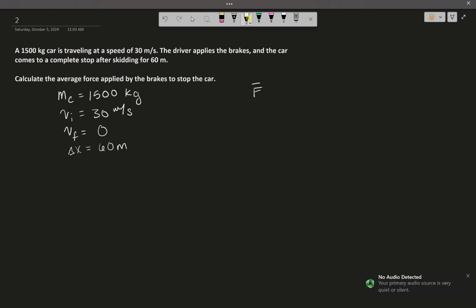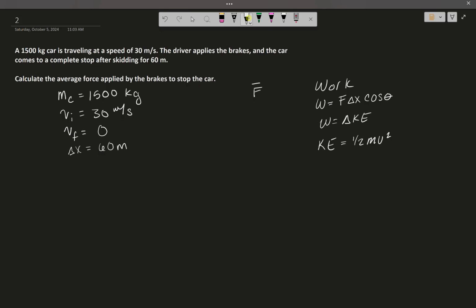So we're going to use work and kinetic energy to solve this problem. The first thing that we're going to think about is work is equal to force times some change in position, cosine of theta. We also know that work is equal to our change in kinetic energy, and that kinetic energy is 1/2 mv squared.